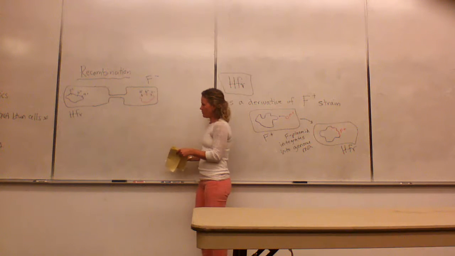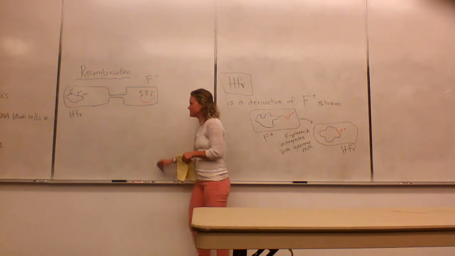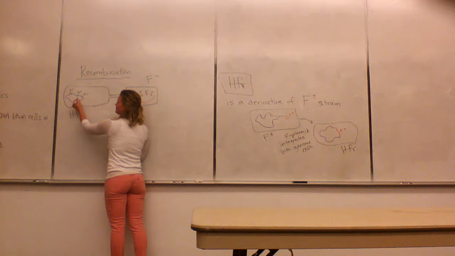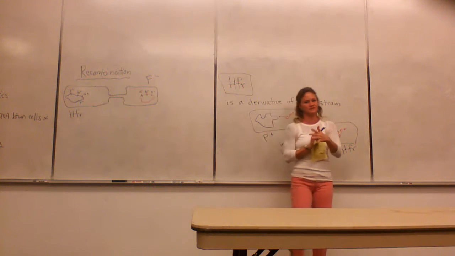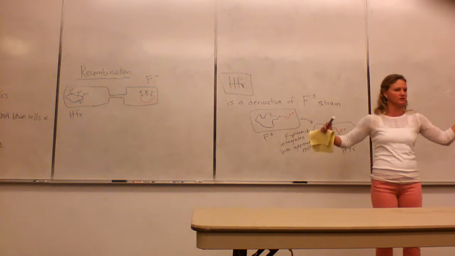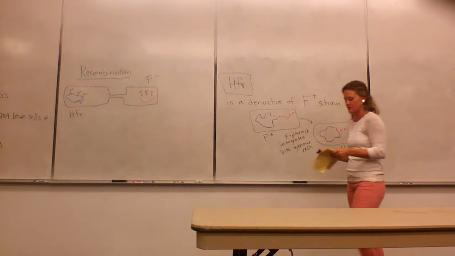So what happens, and in this chromosome you have your F plus gene, you have part of the F plasmid that's then integrated in. We keep using colors, but obviously this is just nucleic acids, not anything special other than the sequences themselves, right?